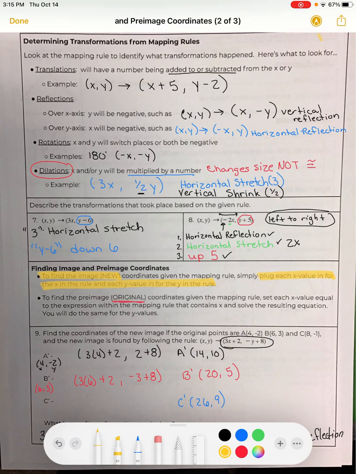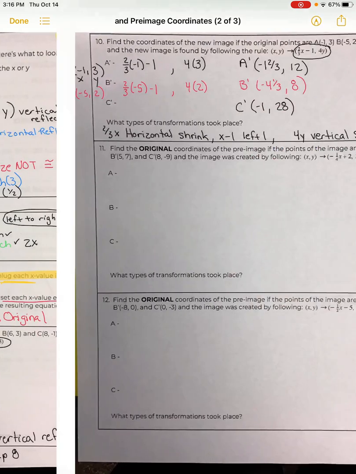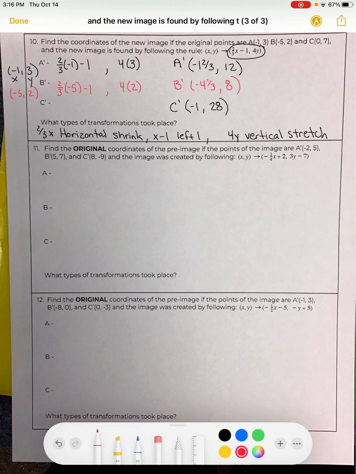Instead of plugging it in like we did up here, this time if we're finding the original, you set each value, x value, equal to the expression. So you're going to have to solve to find original. Instead of plugging it in, you're going to have to set up an equation and solve to find the x or the y. Okay, so let's try it now.